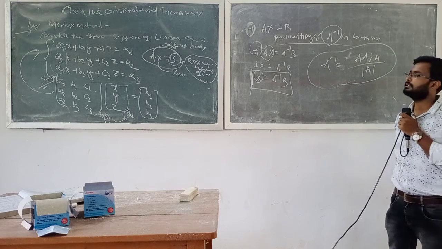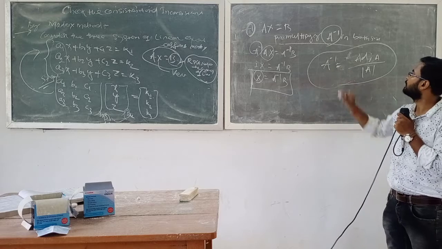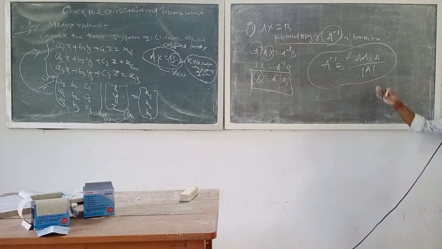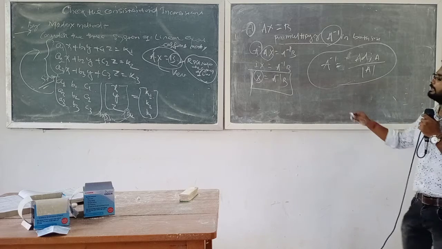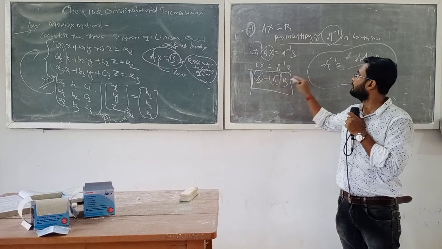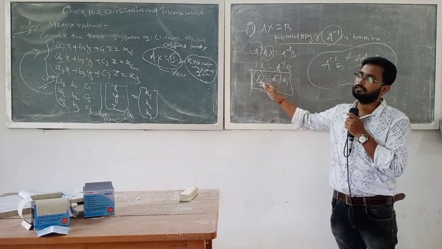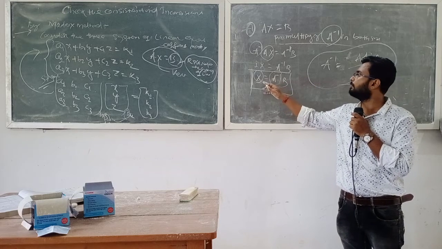To find out A inverse, first we find the adjoint A by determinant of A, then multiply with B matrix, then we can find out the values of x matrix.